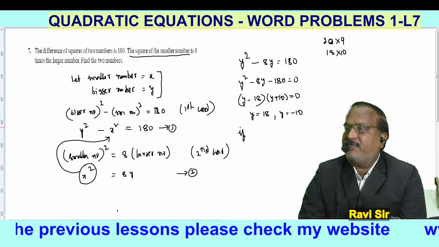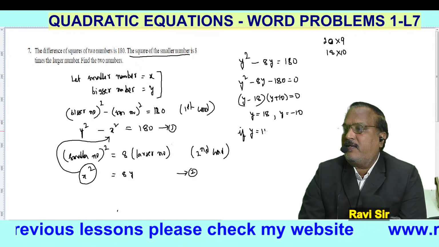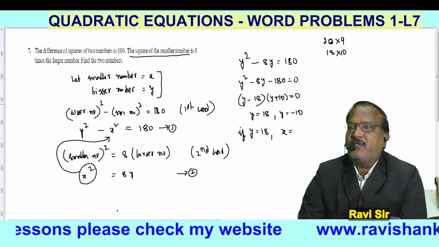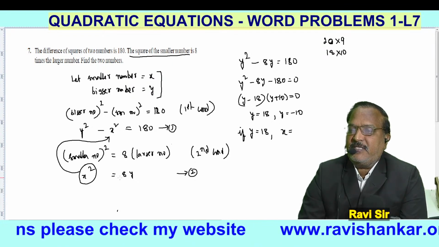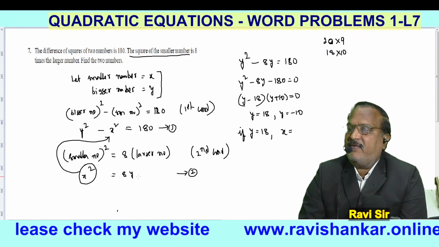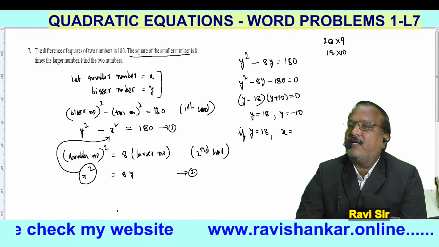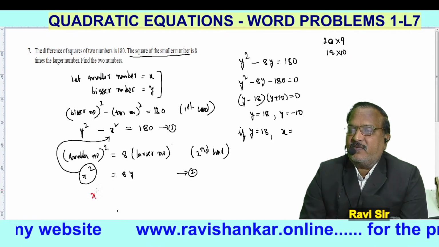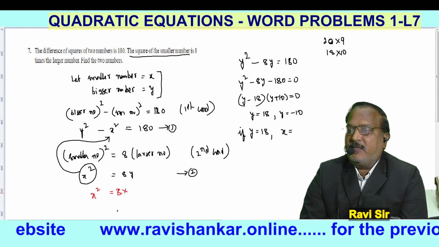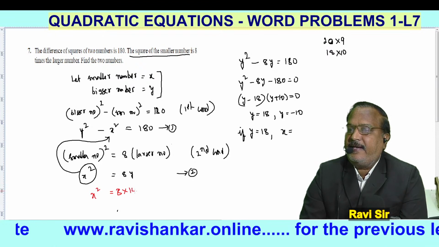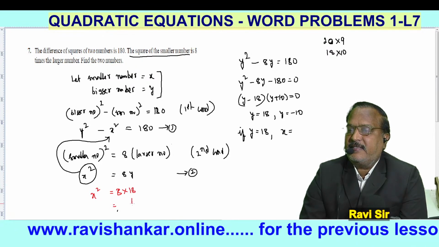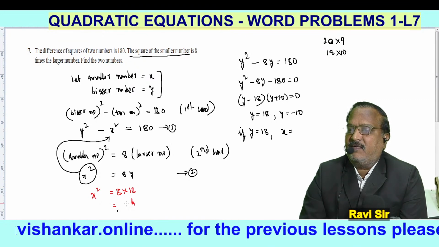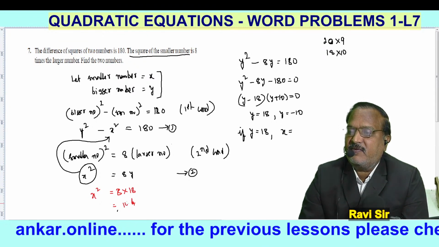So if y is equal to 18, what are the numbers? X is equal to how much? You have to put it in any one of the equations. So x square is equal to 8 into 18. 8 8s are 64, and 8 1s are 8, plus 6, 144.